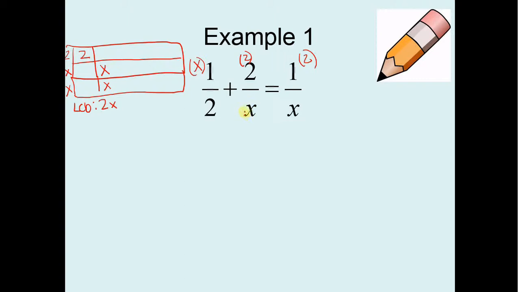Well, what times x gives us 2x? Well, 2, so I need to multiply the top. So we're going to now have x over 2x plus 2 times 2, 4 over 2x, equals 1 times 2, that'll be 2 over 2x.